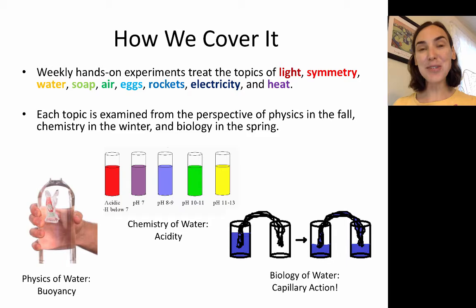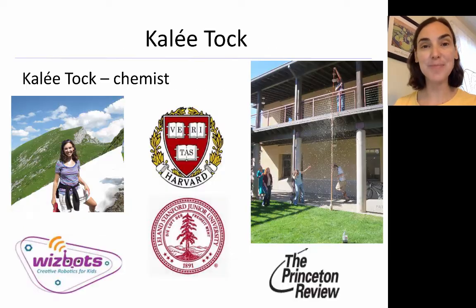In chemistry, we'll think about acidity and basicity and how the colors of water change depending on substances dissolved in it in the presence of an indicator. And finally, in biology, we'll think about how trees use capillary action to move water to very high heights, even higher than would be predicted by the physical laws that we study in the fall.